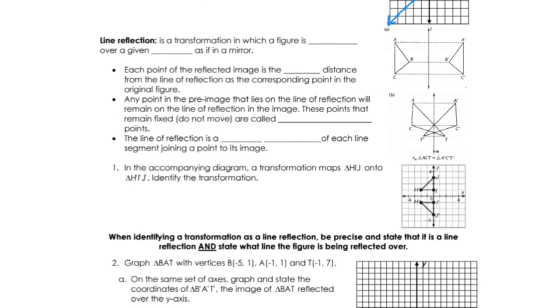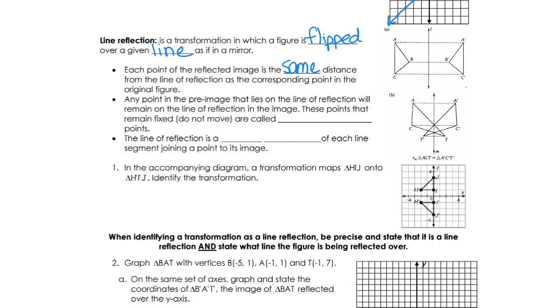A line reflection is a transformation in which a figure is flipped over a given line as if in a mirror. Each point of the reflected image is the same distance from the line of reflection as the corresponding point in the original figure.